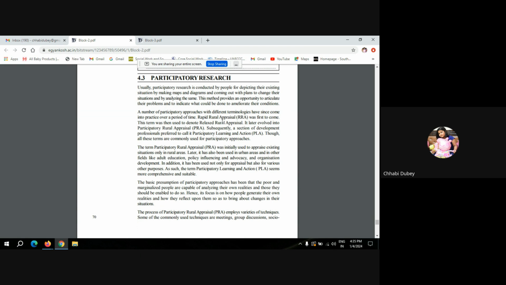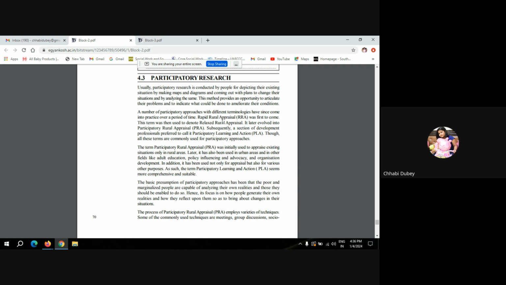Then the next is participatory research. Participatory research is generally conducted by people for depicting their existing situation by making maps and diagrams. It is called participatory research because we are using people to participate in the research work.